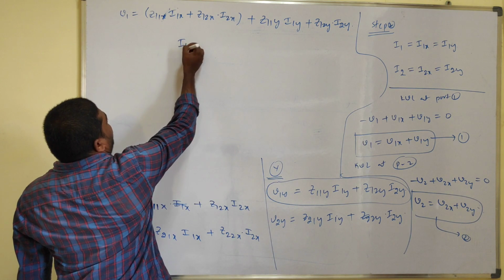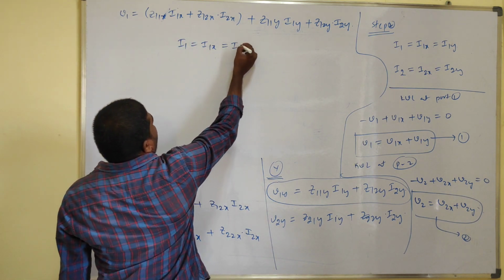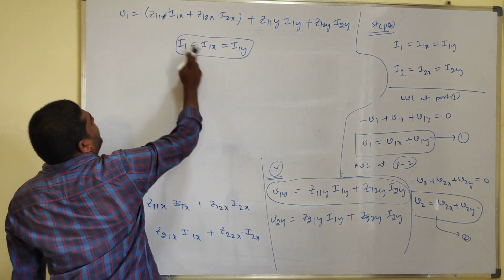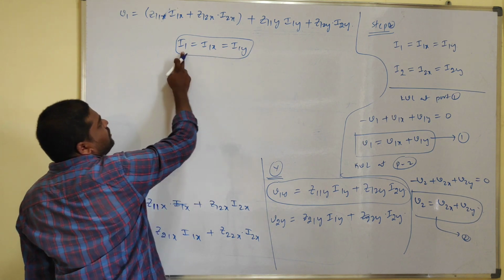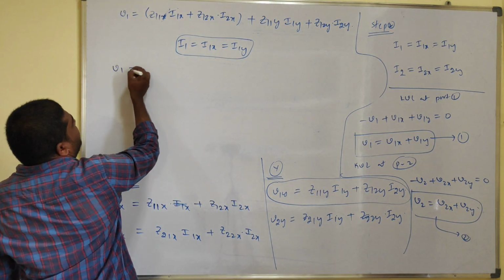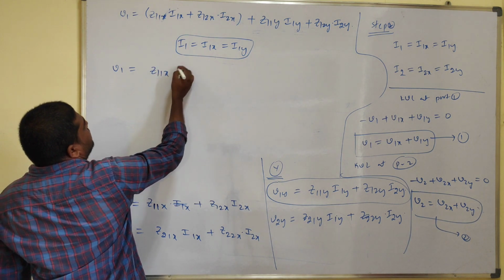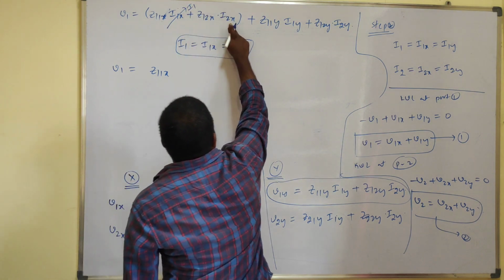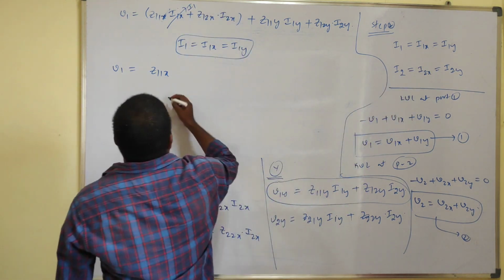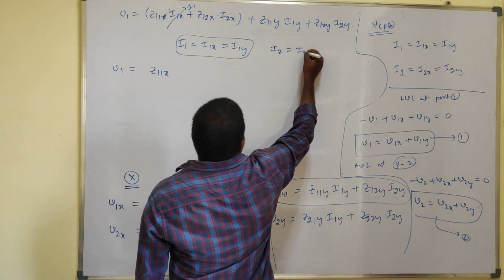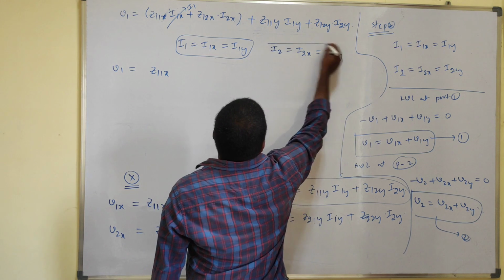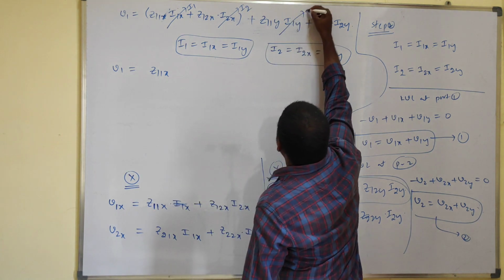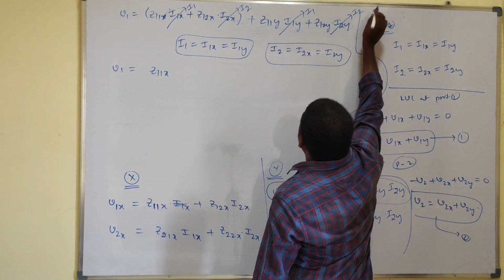But here I1 equals I1x equals I1y. This is your observation. Wherever I1x and I1y appear, you can substitute the I1 value. Now V1 equals Z11x I1, and here I2x is nothing but I2, where I2 equals I2x equals I2y. So I2x can be replaced with I2, I1y with I1, and I2y with I2.